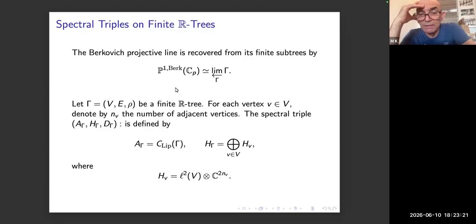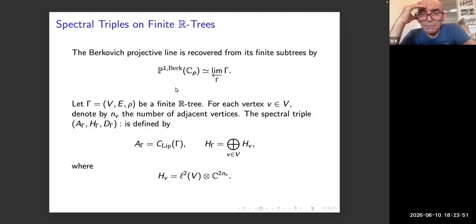And there is a theory of direct limits of spectral triples, which under some suitable conditions again gives you a nice spectral triple, in the sense that the resulting Dirac operator does again have compact resolvent and has some nice properties. And so we use that theory in this case.